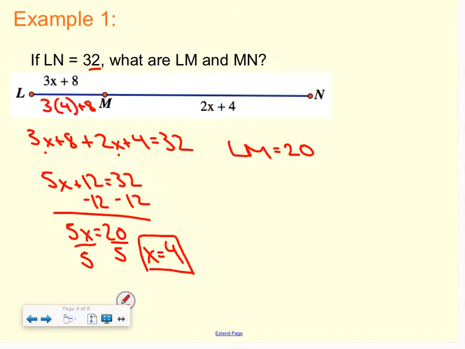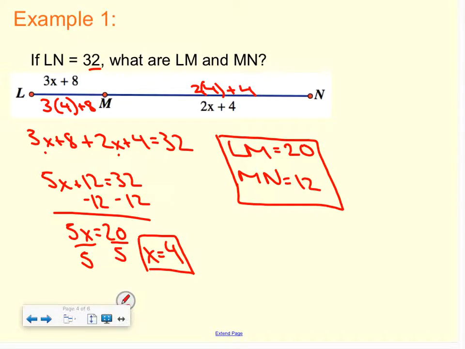Then MN, I would also plug in 4: 4 times 2 is 8, 8 plus 4 is 12, and of course 12 plus 20 is 32. So this right here is my final answer. For the first semester, it's a really common mistake that students stop when they solve for x. Make sure that if you are asked to, you go back and plug those in.